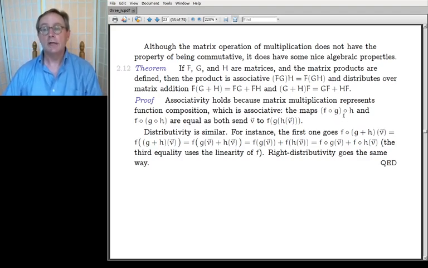F circle G circle H is the same thing however you group it, because both of those maps send V to F of G of H of V. And distributivity is just the same thing. So the matrix computations represent the underlying map facts. Literally, if something is true about the maps, it carries up to their representations.